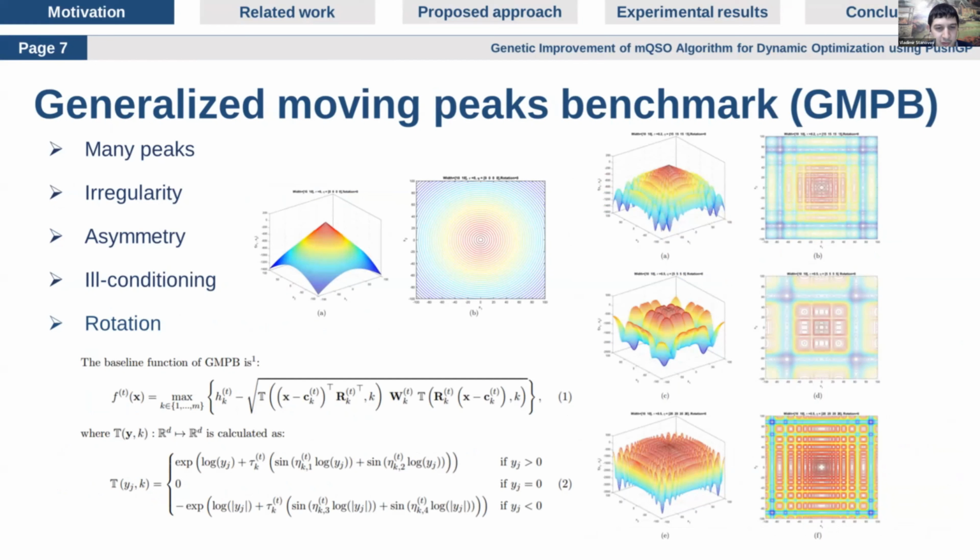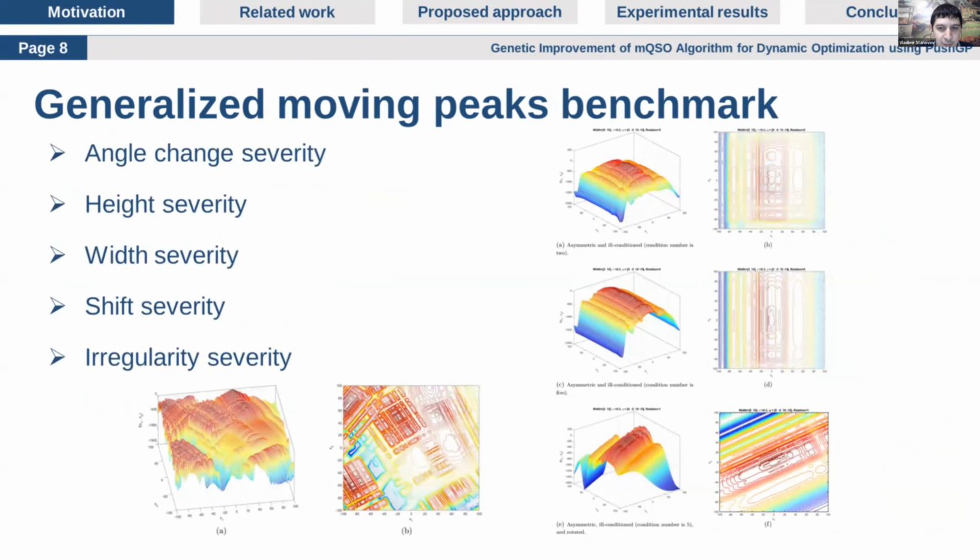On the bottom you can see how the main function looks, and on the right what kind of functions we can generate with GMPB. Those were simple cases, and these are more complicated cases, and this is only a two-dimensional search space, and you can probably imagine how bad it looks in 10-dimensional, 20-dimensional, and so on.